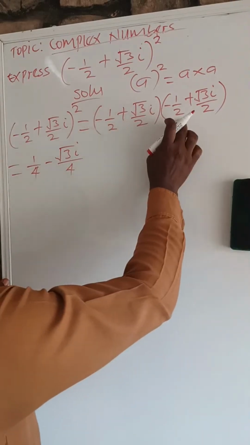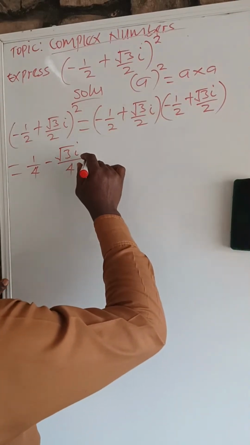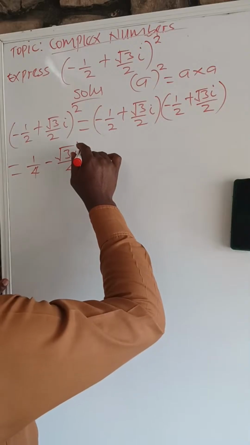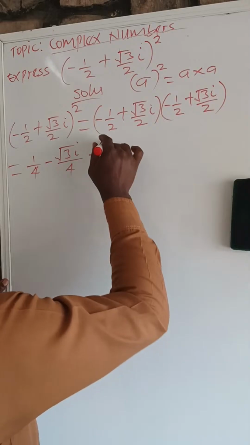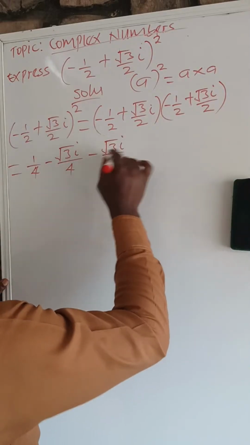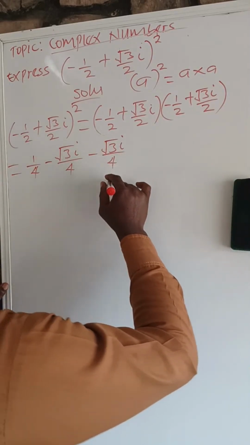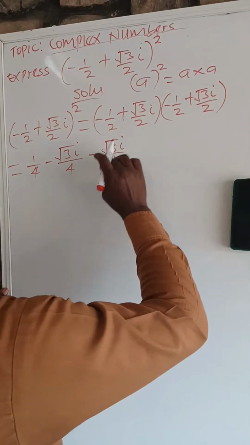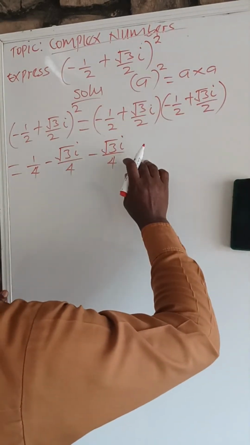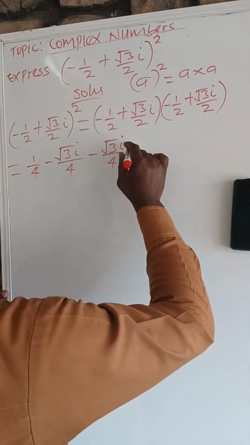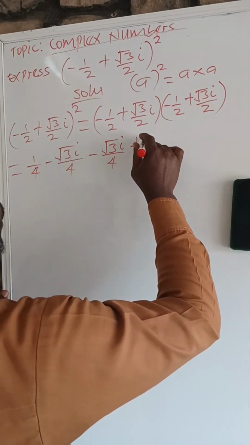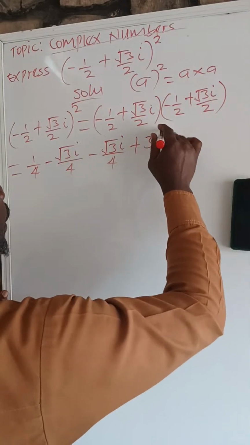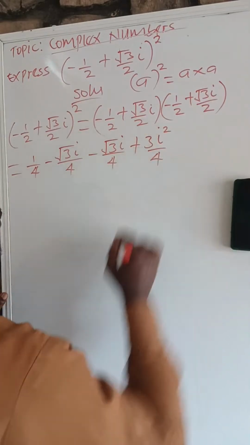Then use this to multiply, we'll have minus square root of 3i all over 4, yes. Then this times this, we are going to have plus 3i squared all over 4.